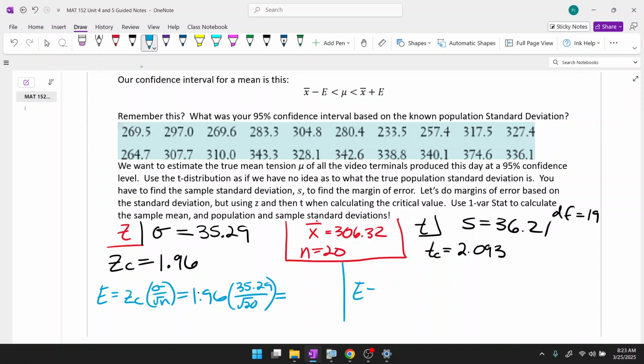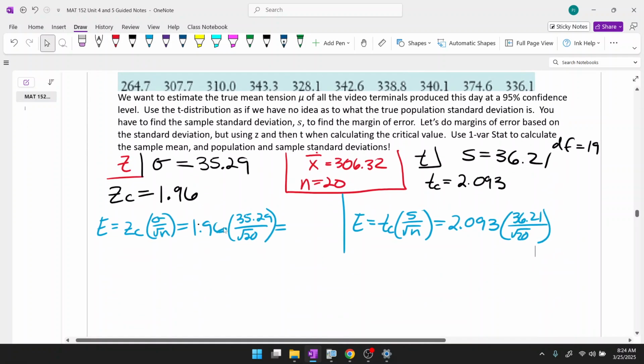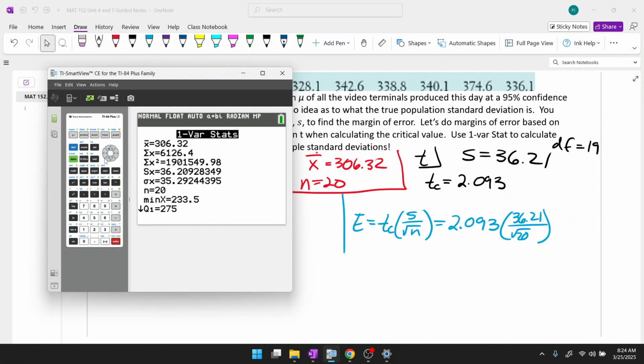If you do the T distribution, it's your critical T times sample standard deviation over the square root of the sample size, which is 2.093 times 36.21 over the square root of 20. Even though it's 19 degrees of freedom, you still use the same sample size of 20.